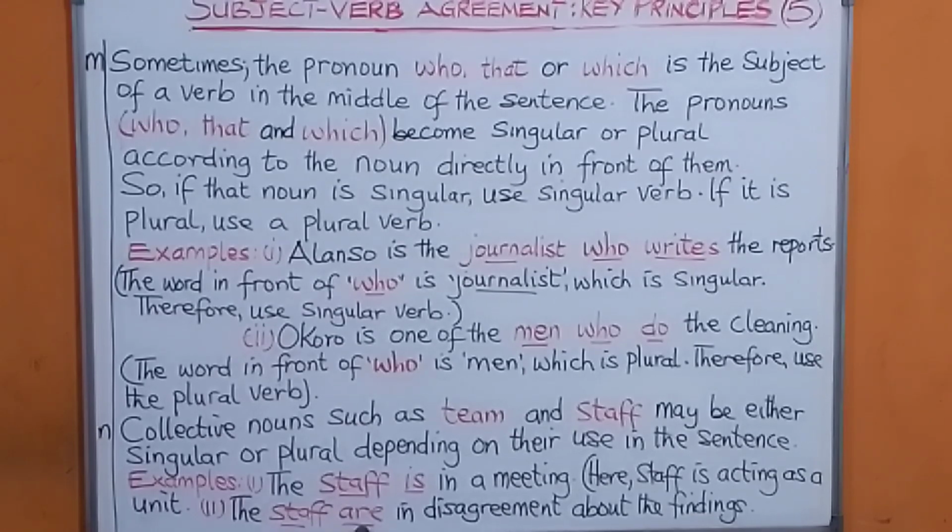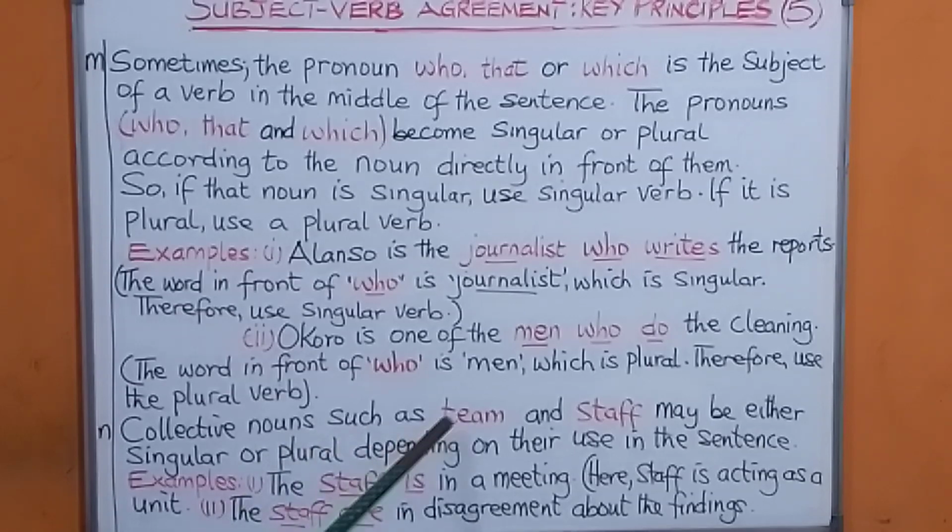So you can use this word as a unit, or you can use it as individuals representing that. In whichever case, that will depend on how you use the verb.